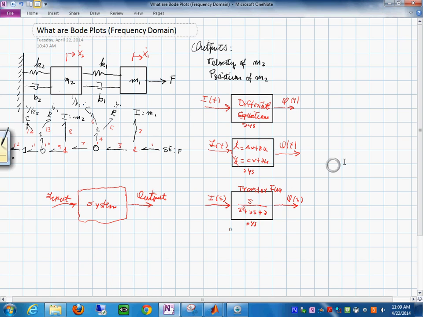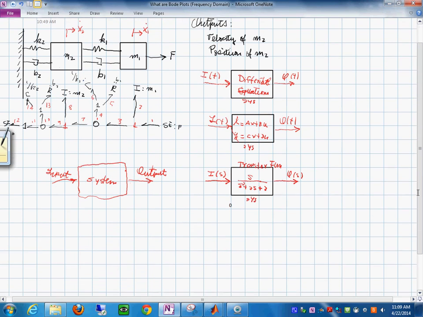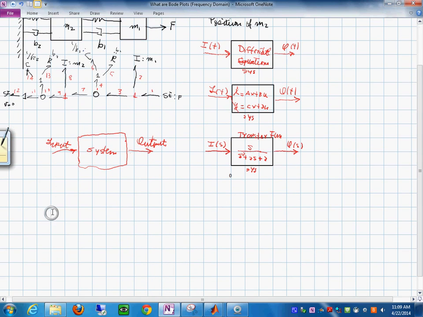No matter what the input and the output of your system is, you can always make several tests. Test number one is the step input or step response, meaning on the side of the input, I just put one function like this as my input, and I ask the system to find out the output.